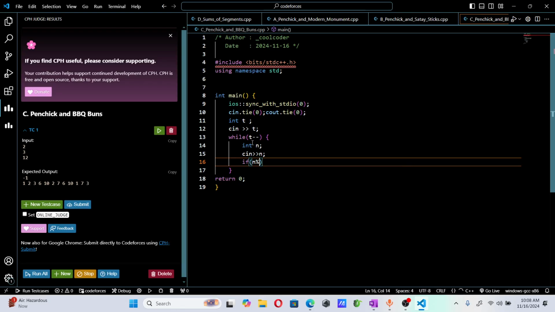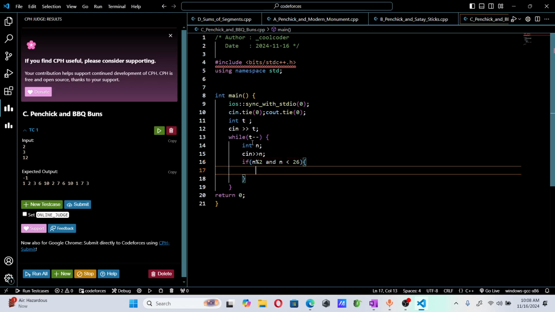If n is odd and n less than 26, cout -1 and continue.